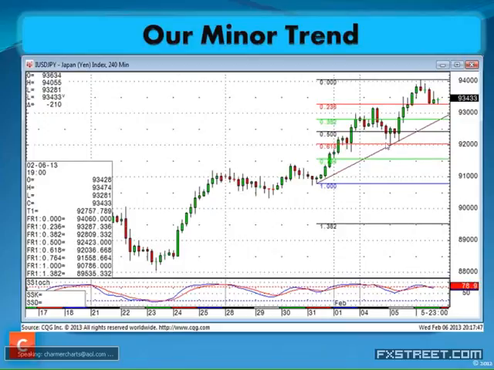You can see when it started to break up, we come back, we tested the trend line, we come up, we tested the trend line again, we went to 94. You see here we stayed above the trend line. Well, we didn't.